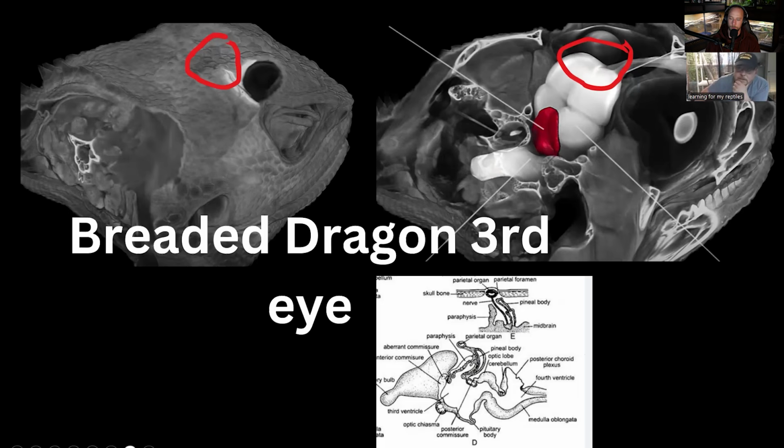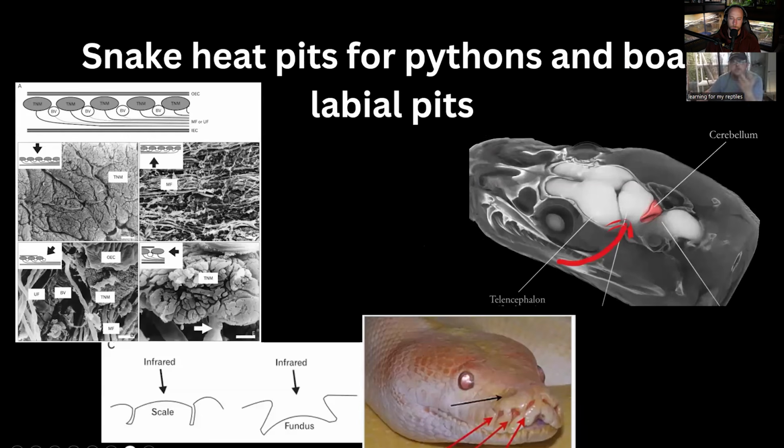Yeah. So the heat pits on pythons and boas are labial heat pits. They have the mustache heat pit, as I like to call it. Think about how much space they have; it goes all the way back.